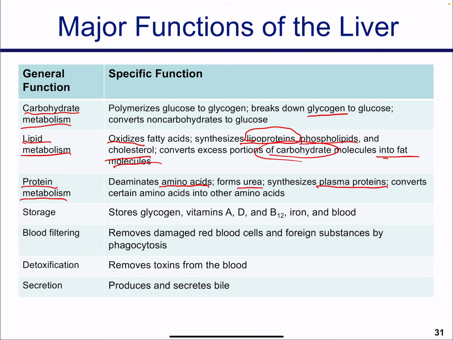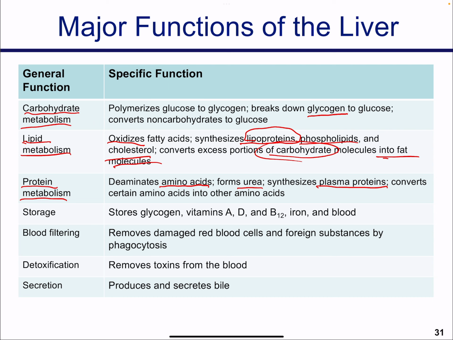We talked about the globulins, we talked about albumin, okay? And also in the liver, you have certain amino acids that are going to be converted into other amino acids, meaning that the liver actually really plays a very important role even in helping with protein synthesis. Now, they don't do protein synthesis, however, they produce the amino acids that are essential for protein synthesis, okay?